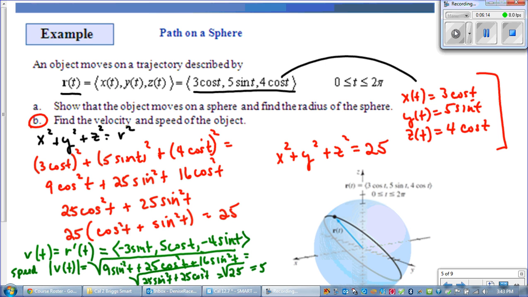So our speed is constant the entire time that we're on the surface of this sphere.